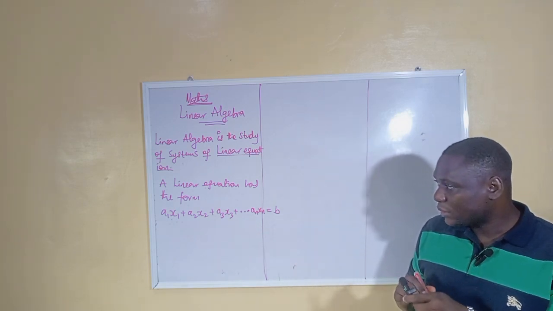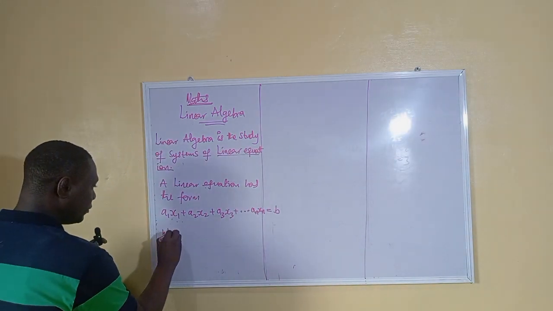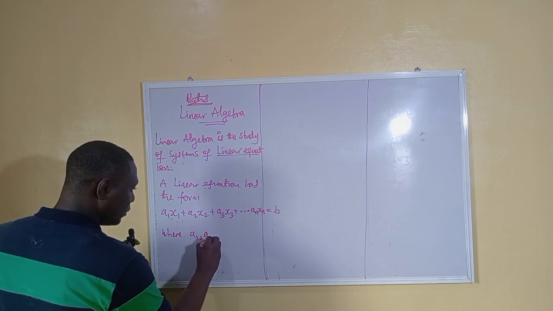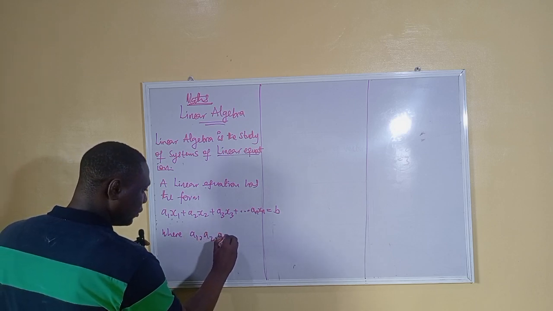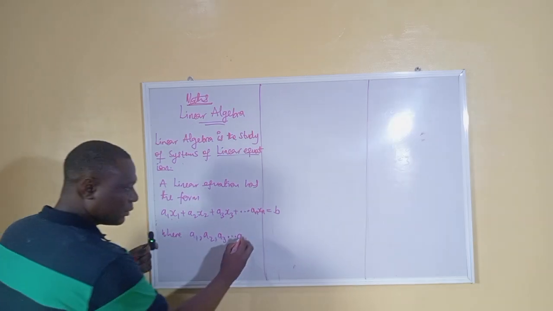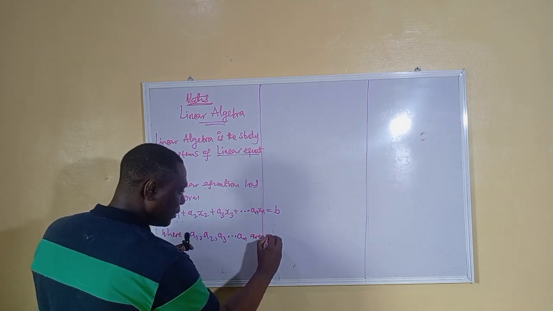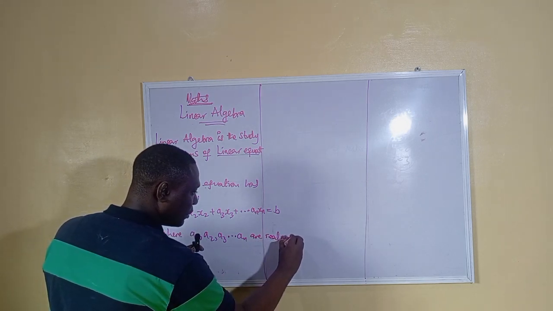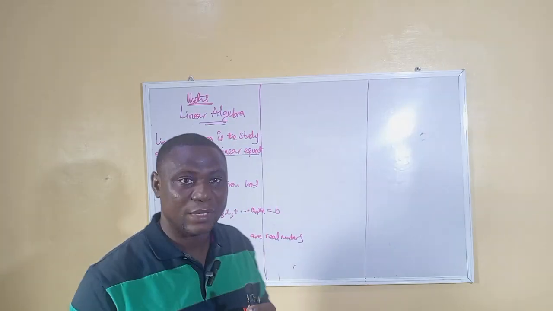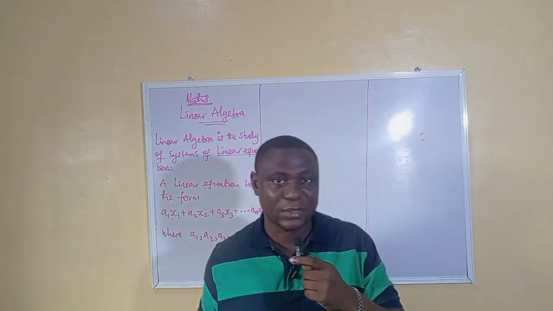Now, where a1, a2, a3, to an are real numbers. When we say real numbers, I mean numbers that you can find on the number line. It could be a negative number, it could be a positive number.